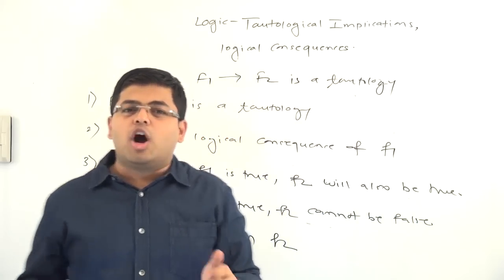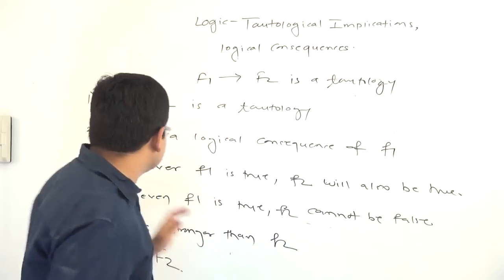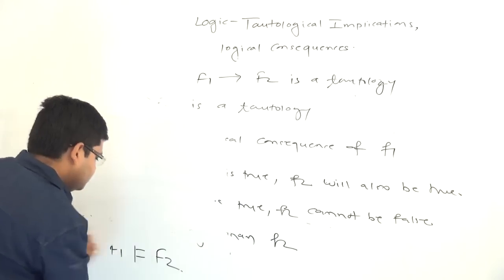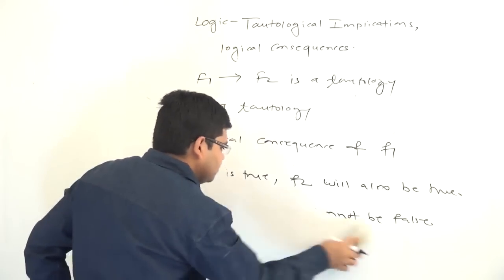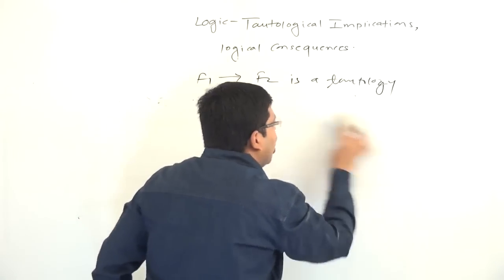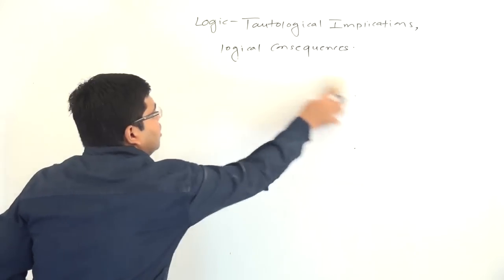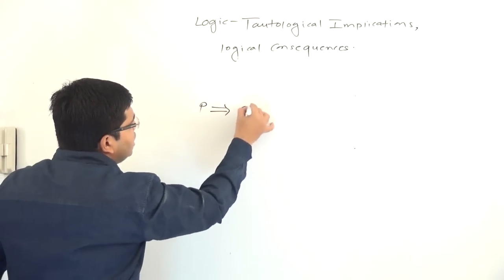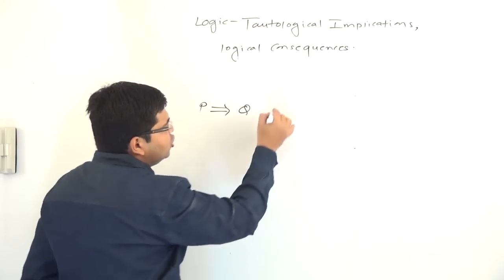And as I said, not all implications are tautological implications. For example, let us consider an implication which is not a tautological implication. Saying P tautologically implies Q is wrong.